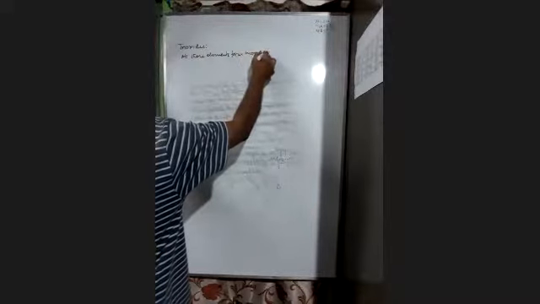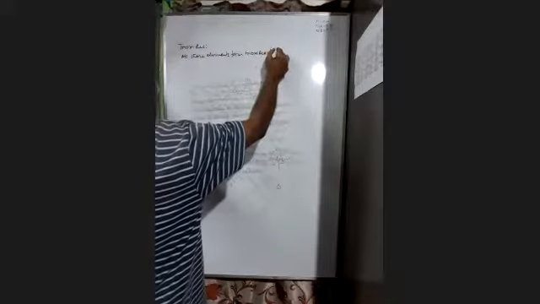So now we'll go to trioxides. All these elements form trioxide, obviously not oxygen. It is EO3. You have sulfur trioxide, selenium trioxide, tellurium trioxide, polonium trioxide.